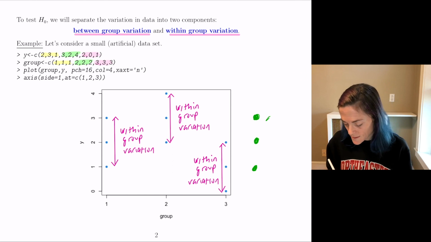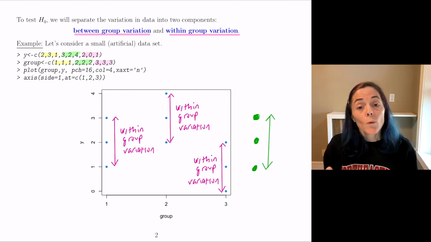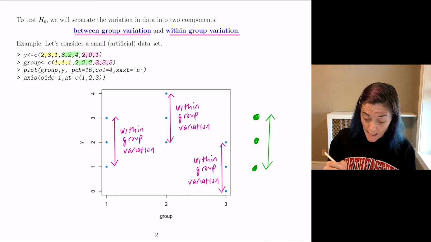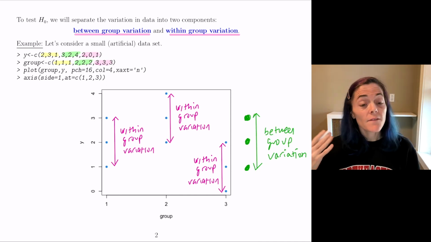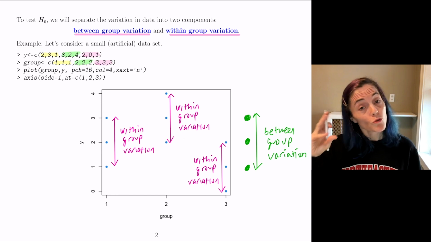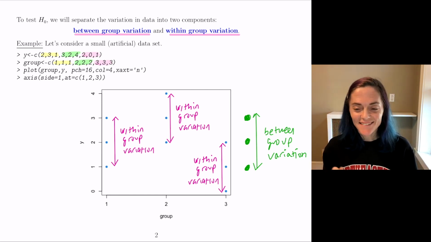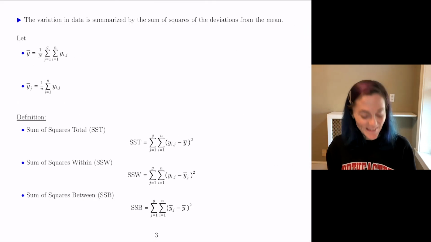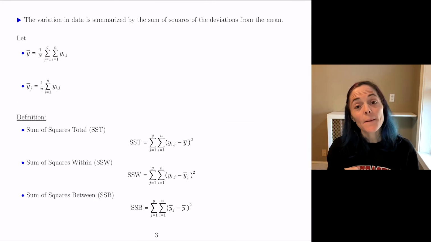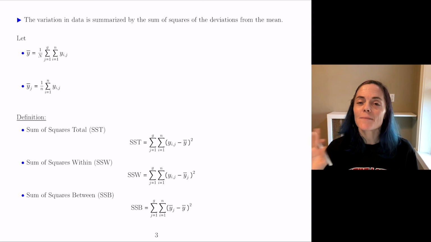This would be the between group variation. The variation among the group means gives us between group variation. Now that we have an idea from this picture, let's get into the mathematics.